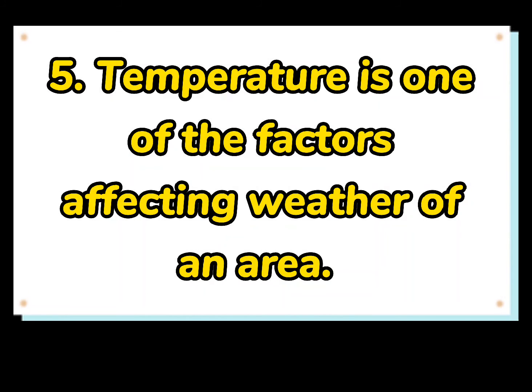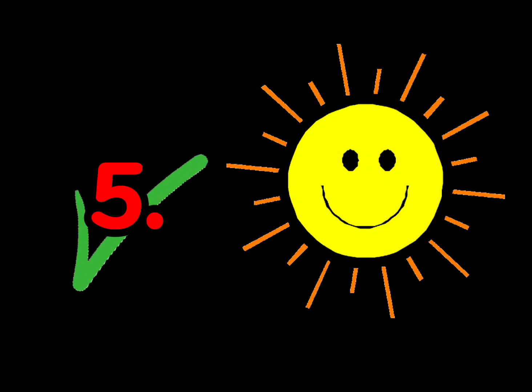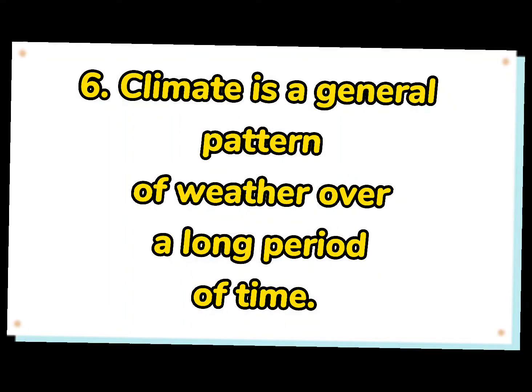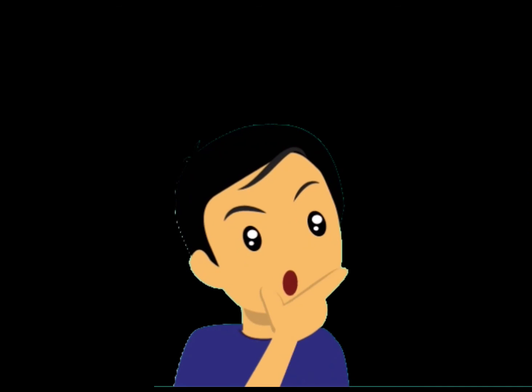Number 5. Temperature is one of the factors that affect the weather of a certain place. If you draw a sun, you are correct. Number 6. Climate is a general pattern of weather over a long period of time.